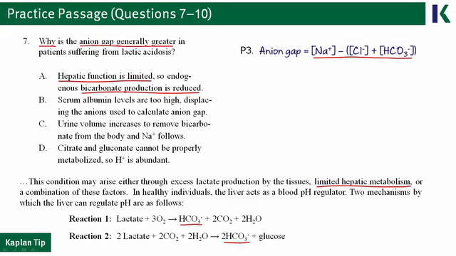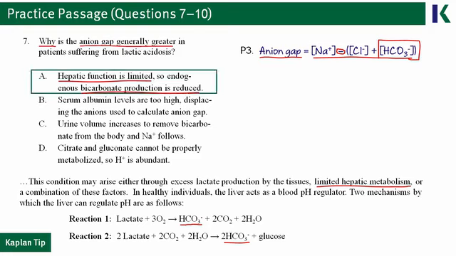And as it turns out, the anion gap equation has bicarbonate in it as well. So if we have a reduction in bicarbonate, since there is a negative sign before the term that has bicarbonate in this equation, less bicarbonate is going to lead to a larger final product, anion gap. That means every single step of this has been connected, and choice A is indeed correct.